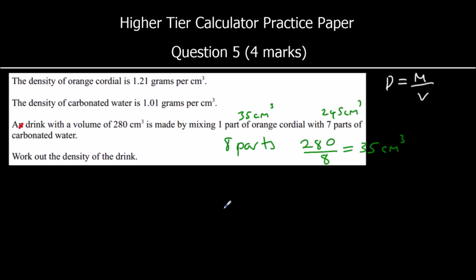So we need to work out the total mass. We've got the total volume, so we're going to work out the mass of orange cordial. So for orange, we've got the density and the volume. The mass is going to be density times volume. So that is 1.21 times 35.